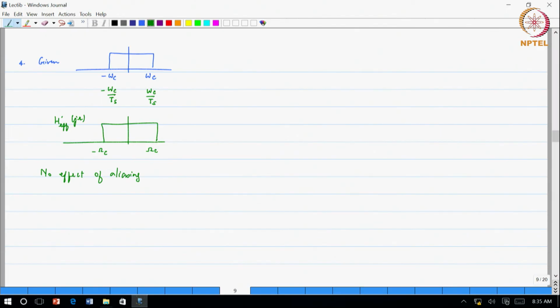Now, what is the condition for no effect of aliasing? In other words, I am going to allow aliasing to come in as part of my sampling process, but I am going to make sure that... basically this would mean that if I had an input spectrum of this form, from minus omega naught to omega naught.